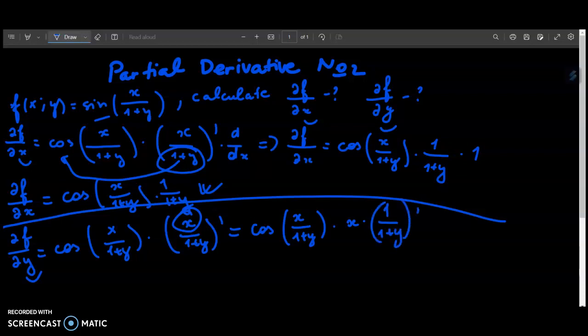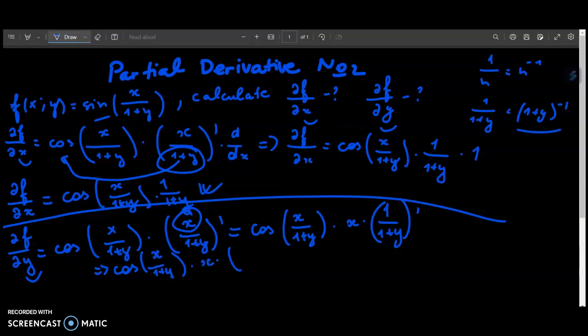So, an interesting moment: we know that 1 over n we can write as n to the power of minus 1. This is the same, we can write 1 over 1 plus y as 1 plus y with the minus 1 exponent, right? So we have cosine of x over 1 plus y, multiplied by x times (1 plus y) to the minus 1, and especially we should take the derivative of it, right?